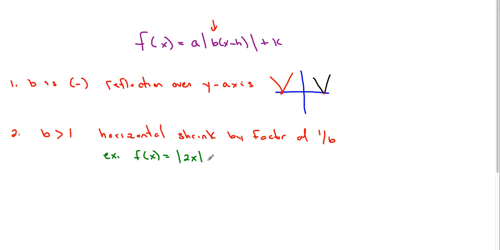So think about numbers: if I multiply something by 2, is it going to get bigger or smaller? If I multiply by 1/2, is it going to get bigger or smaller? Smaller. So I want the shrink to go somewhere small. So rather than saying by a factor of 2 here, this will be by a factor of 1/2. So this would be a horizontal shrink by a factor of 1/2. So it's 1 over that term, to make it a fraction.